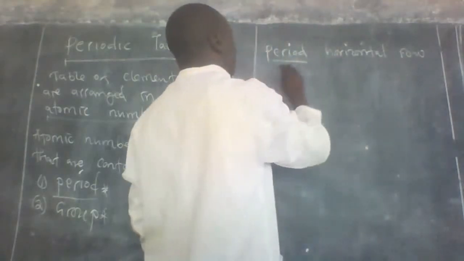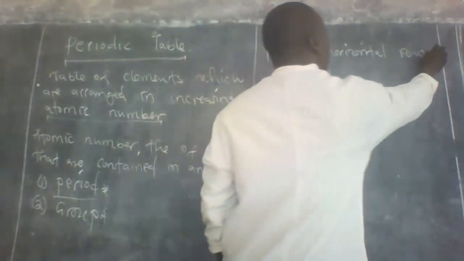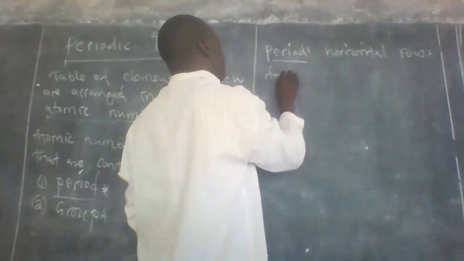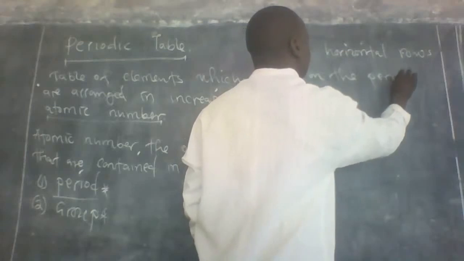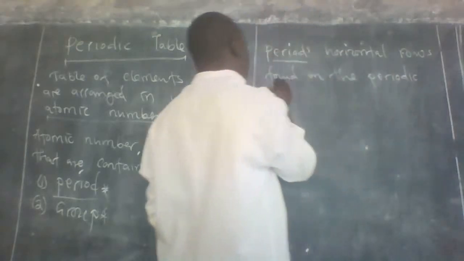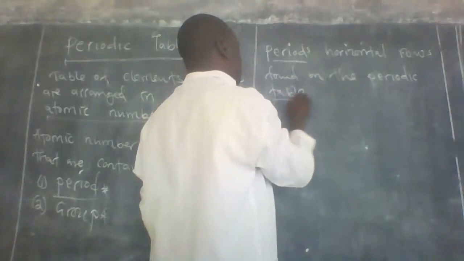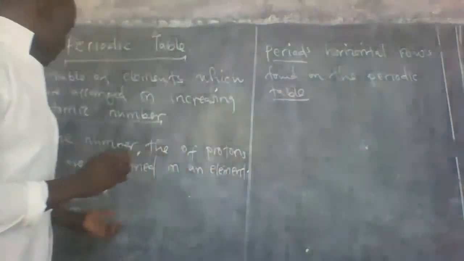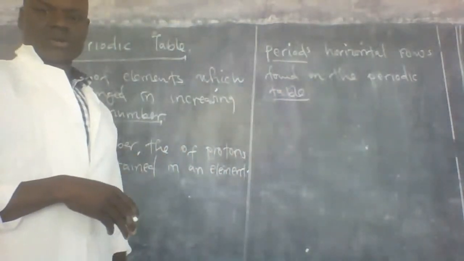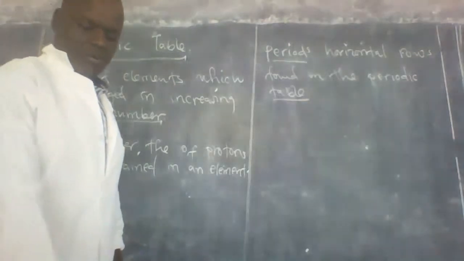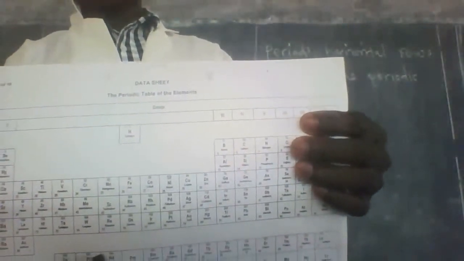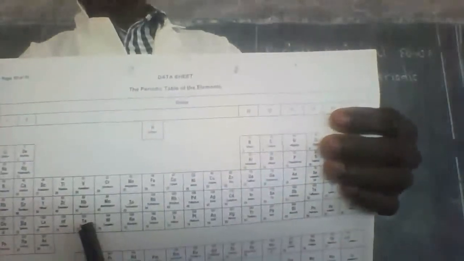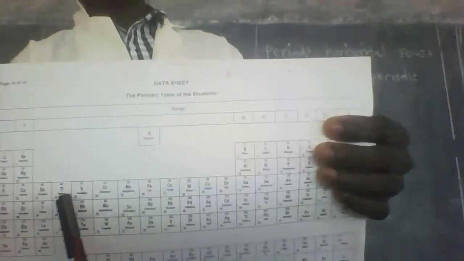Periods are horizontal rows that are found on the periodic table. So a period, one of the features that are found on the periodic table, is a horizontal row. If you look at this periodic table, we are going to find these rows that are placed in a horizontal way. These are what we call periods.